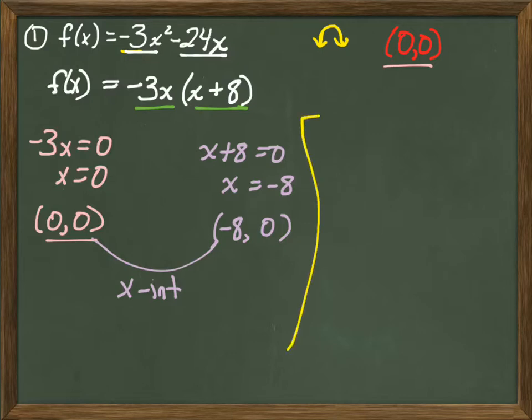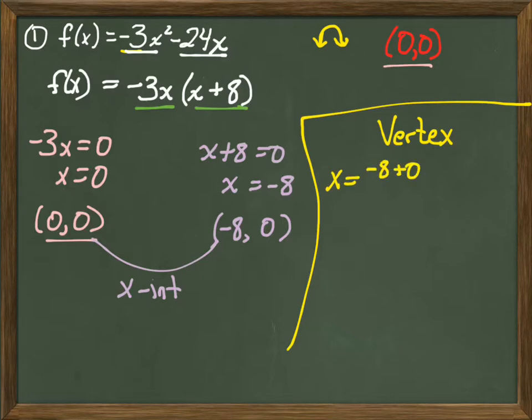My vertex will be found by using our two x-intercepts. So for finding the x value, we average our two x-intercepts: -8 plus 0, and dividing it by 2. So -8 plus 0 is -8.